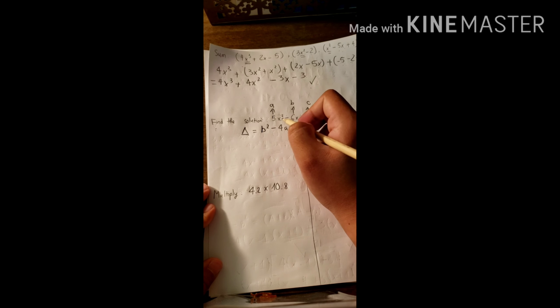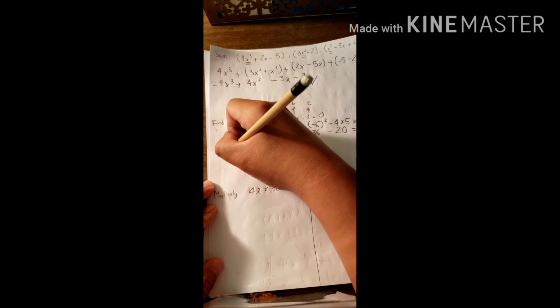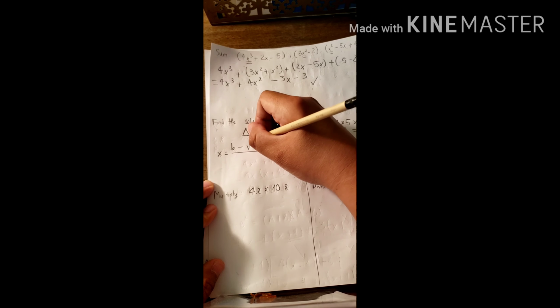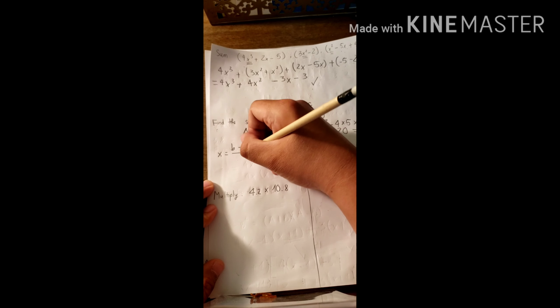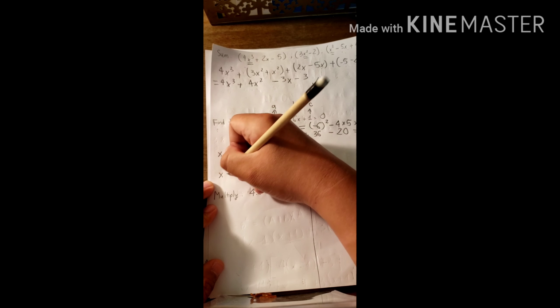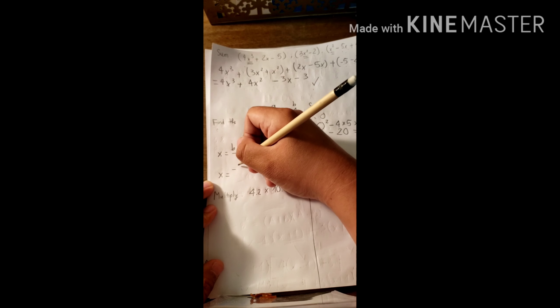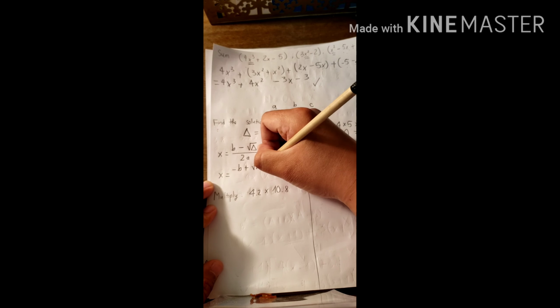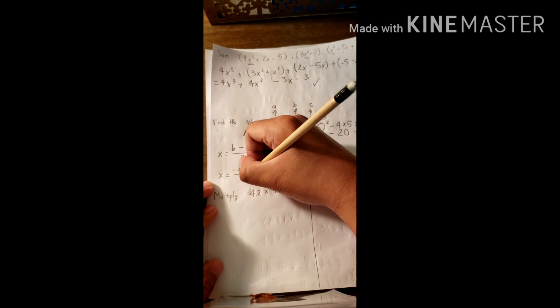To find the solution of the s power 2 equation, we have s equal to minus b minus delta divided by 2a and s equal to minus b plus delta divided by 2a.